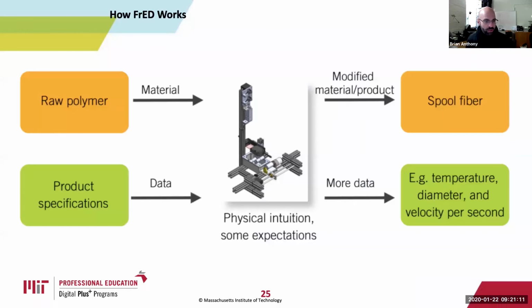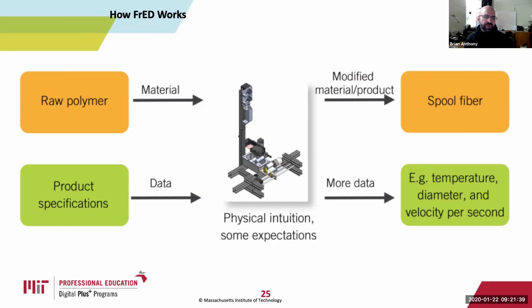And Fred works by taking material and data in. We take raw polymer in, we take product specifications in, and what comes out of Fred is the modified material on a spool and a lot more data. The temperatures that were used to control production, the diameters that were made, the velocities of various components, whether it be how hard we're pushing the raw material into the extruder or how fast we're winding it when it's coming out.